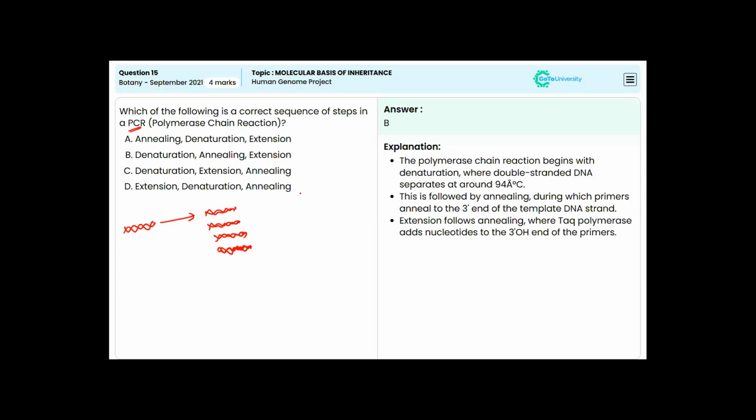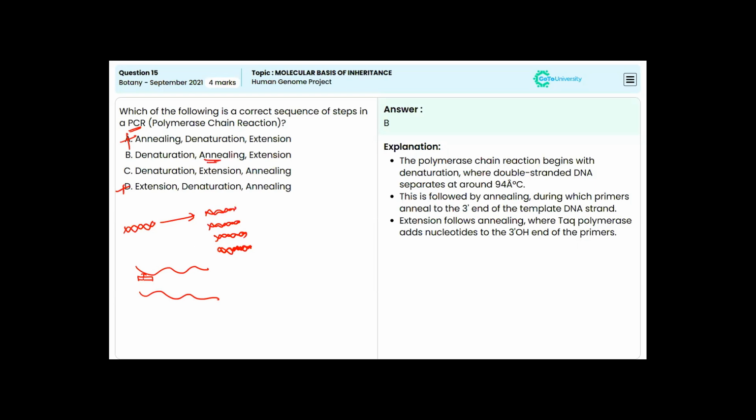So the first thing that happens is denaturation. Okay, that means annealing and extension is incorrect. Now once the DNA gets denatured, they add the primer. That means the RNA primer will be added to it. That process is called annealing. Okay, so that means annealing is the second one, correct?